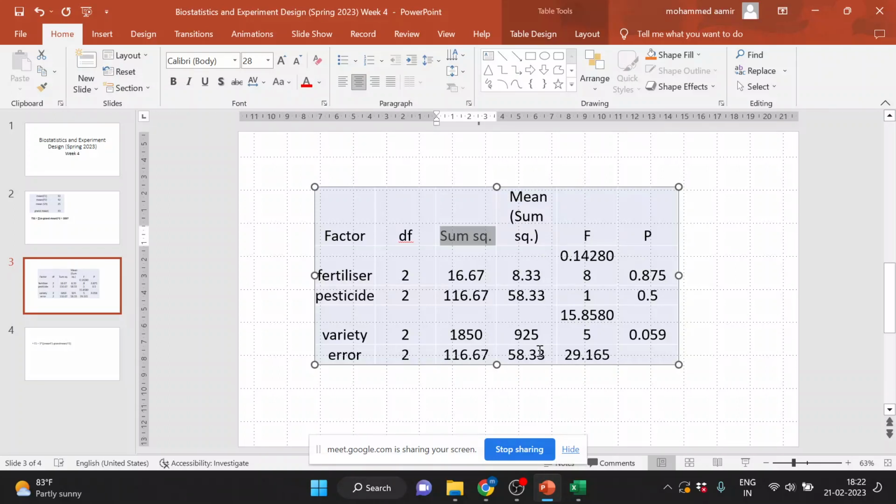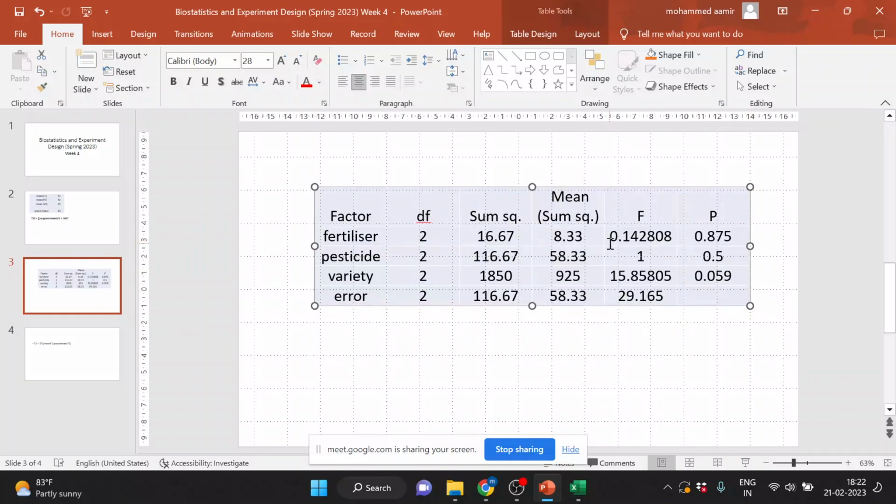To calculate F values, all you have to do is divide for each factor. The F value is nothing but the mean sum of squares divided by the error mean square.